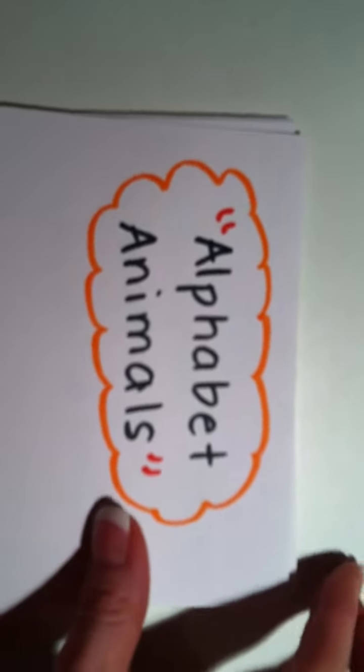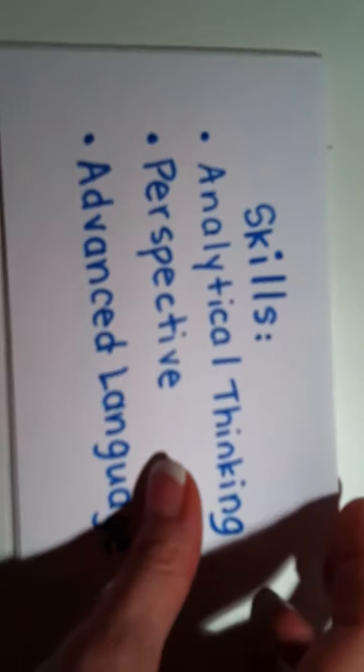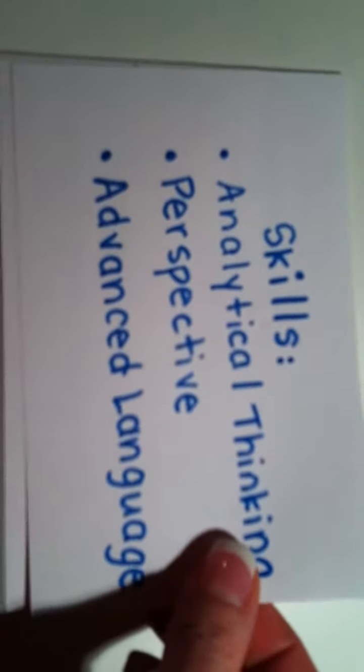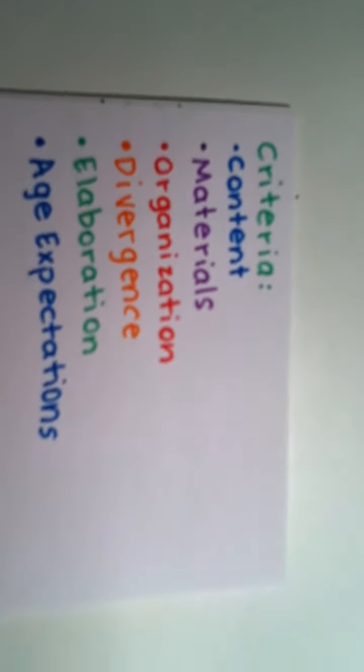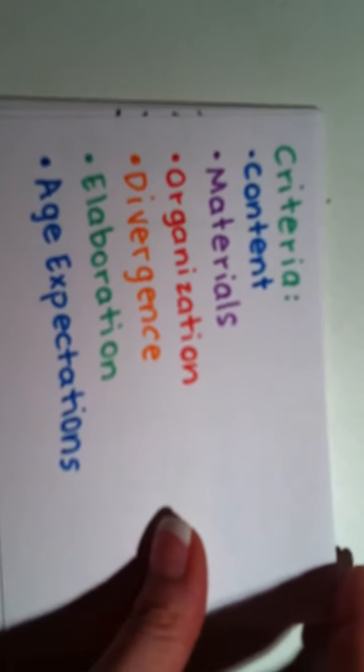The activity you're going to conduct with your class is called Alphabet Animals. It will give students a chance to demonstrate their analytical thinking, their perspective, and their advanced language skills. The scorers will use a rubric and assess each area listed on the criteria. These criteria are explained in your teacher instructions.